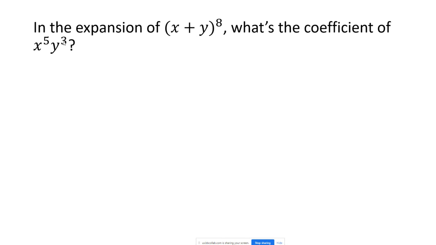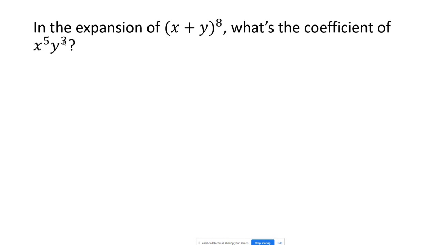That's going to give us an x to the 8th term. And maybe the next time we go through, we pick the x's in each of the first 7 terms, but then we pick the y. That'll get us an x to the 7th times y. But we could do that a total of 8 times, picking 7 x's and 1 y from a different factor.